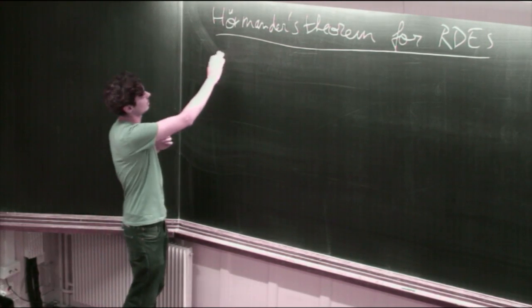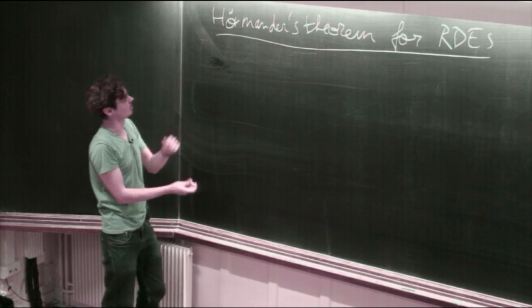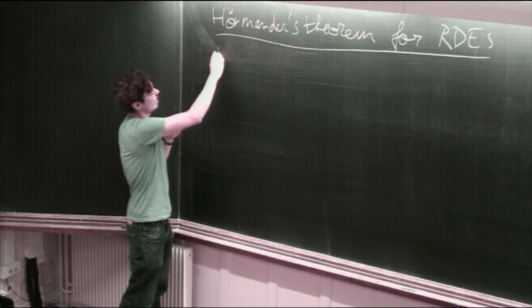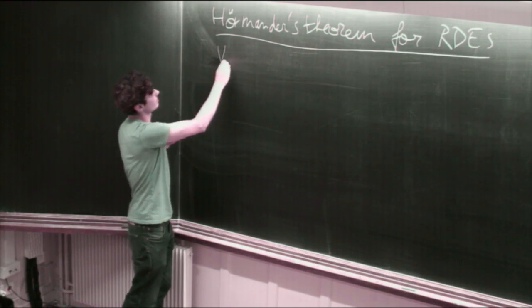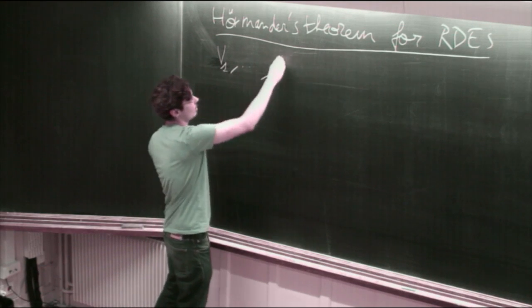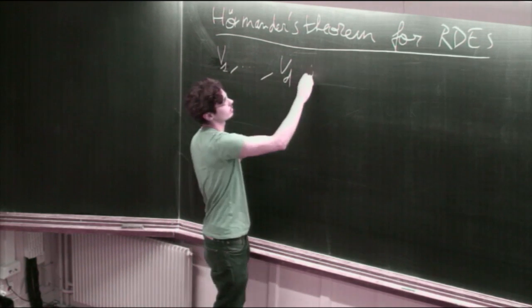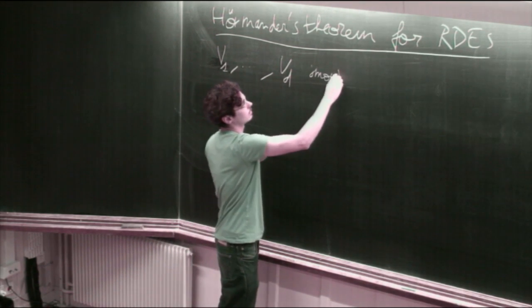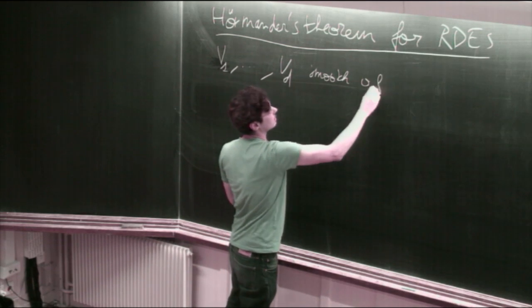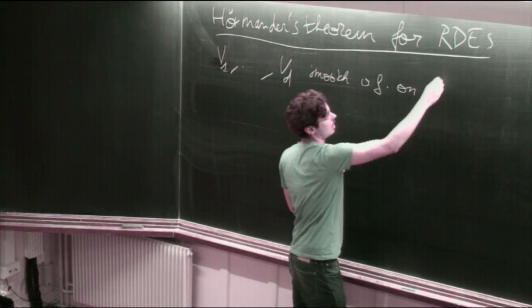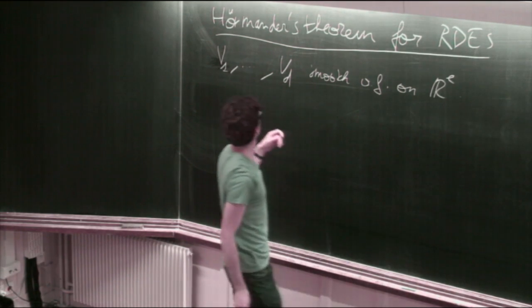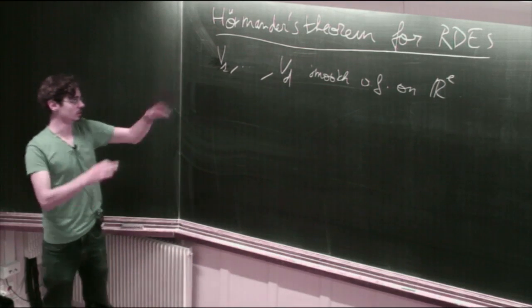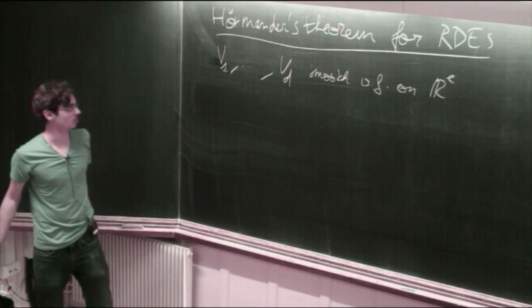Let's say we work on our Euclidean space. We have a certain number of vector fields, V_1 to V_d, smooth vector fields on R^e, where smooth means smooth with bounded derivatives of all orders.